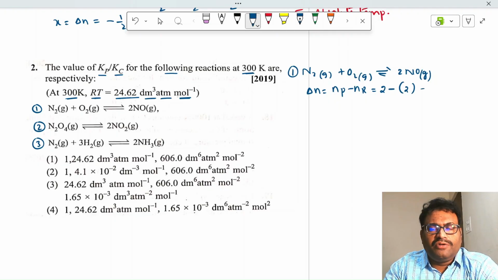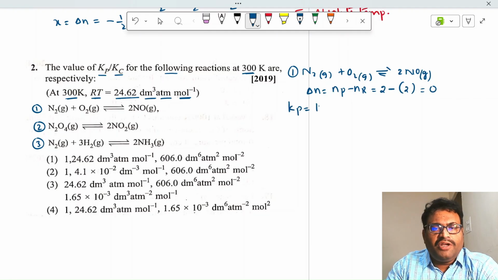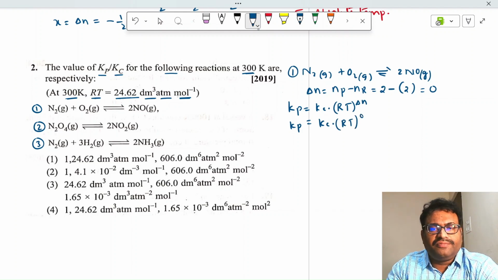That is equal to 0. Then Kp is equal to Kc into RT power delta N, that is Kc into RT power 0. Anything power 0 is equal to 1. So Kp is equal to Kc. For the first reaction, Kp is equal to Kc.